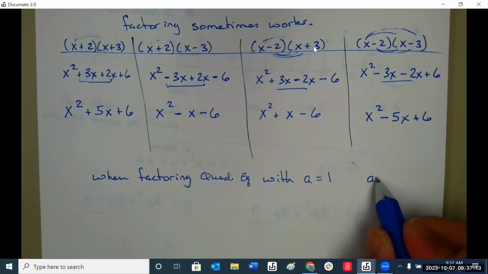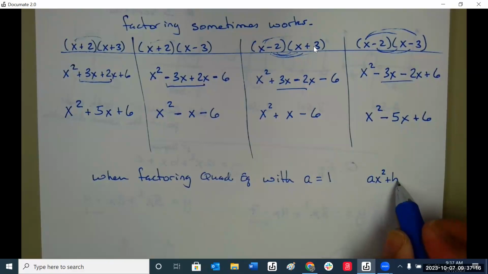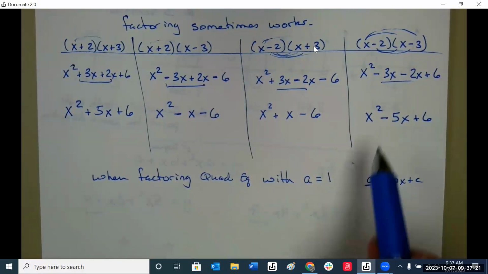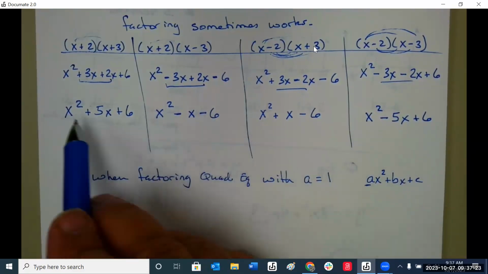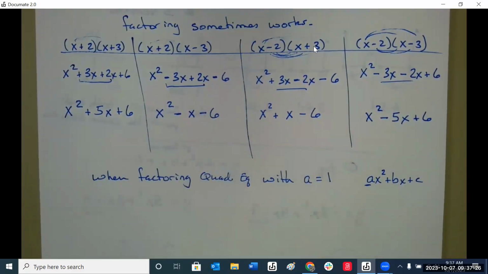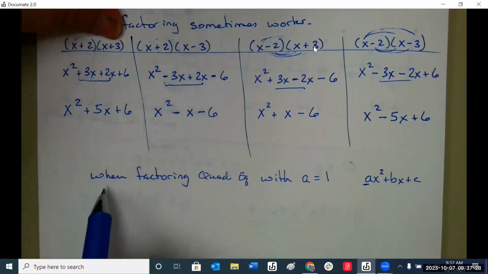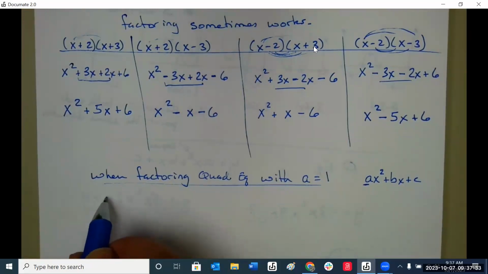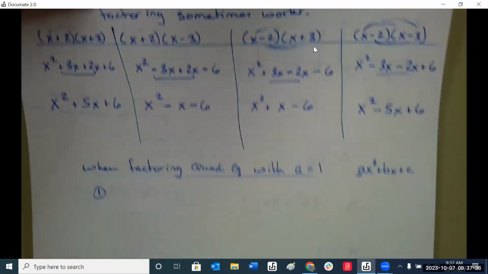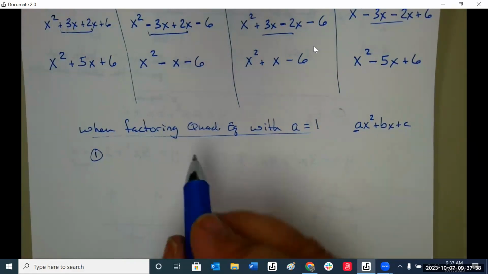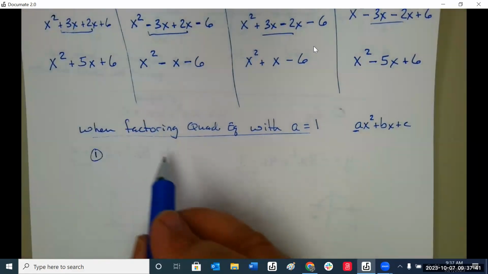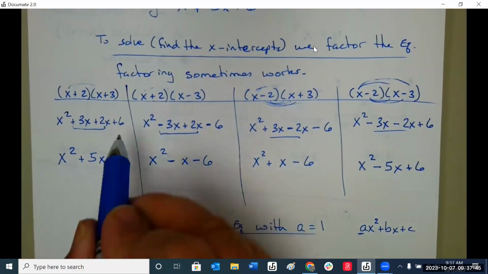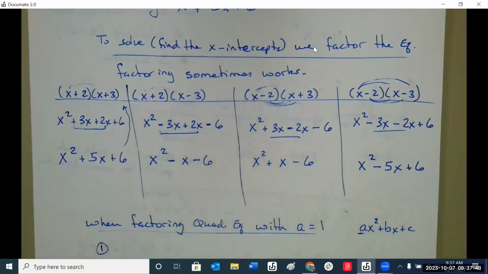Remember, a is the leading coefficient. So all of these examples have a equals 1. First up. So, okay, what is factoring? Factoring goes from this equation to that equation. That's factoring.